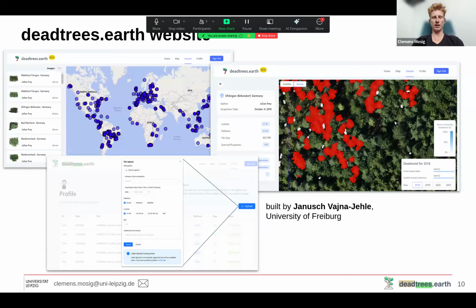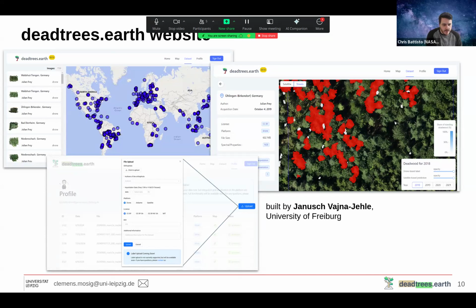So everyone can benefit from your data if you upload it. And this also means that your data, if you use it for a study, is not only in some Zenodo repository that no one ever finds again, but it's on an interactive website where people can find your data and then potentially cite you, because we also link the studies from where the ortho photos are.